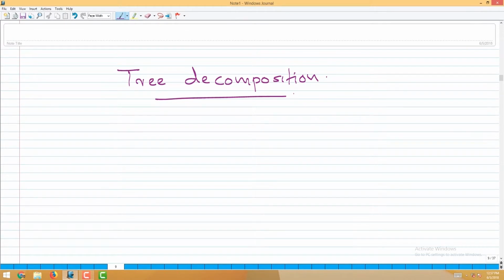Why tree decomposition? So, tree decomposition needs the following properties, namely each vertex. So, this tree decomposition is not only for chordal graphs, it is defined for all graphs.